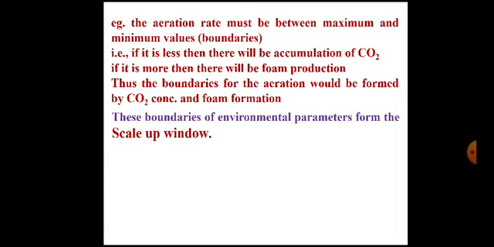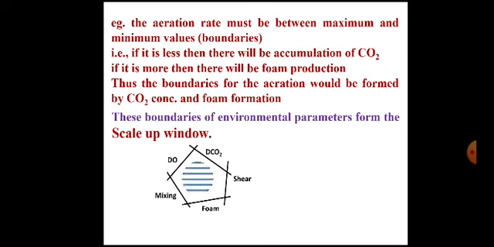So these boundaries of environmental parameters are responsible for the formation of the scale up window. Window means it is a boundary. So these boundaries may be of dissolved oxygen concentration, mixing, foam production, shear conditions, or dissolved CO2 concentration.